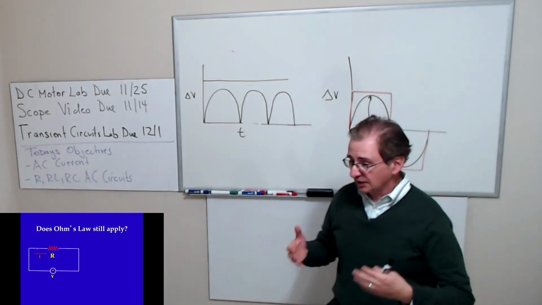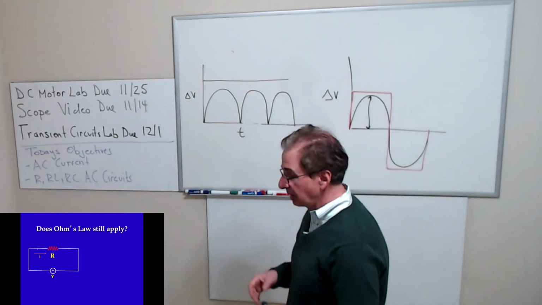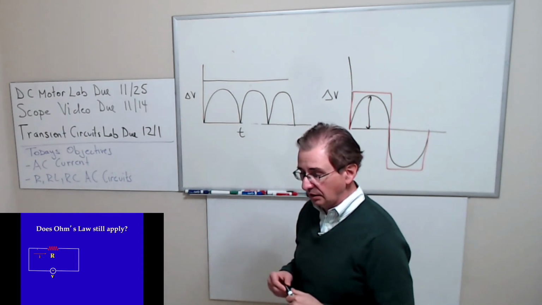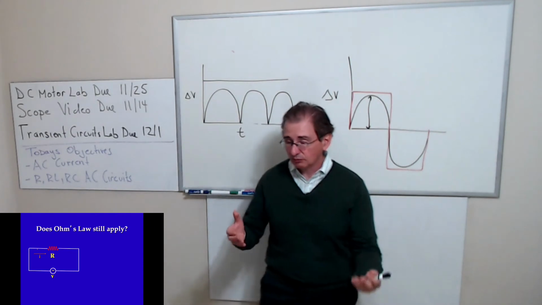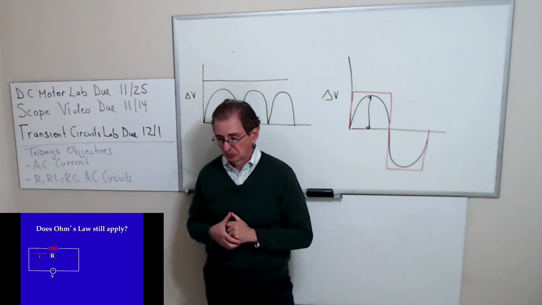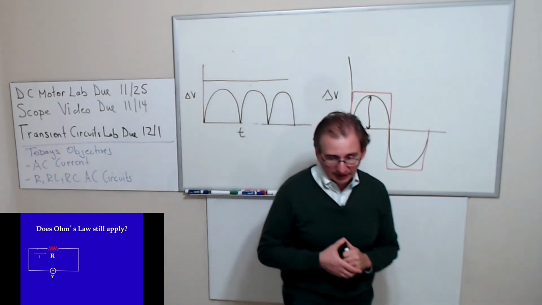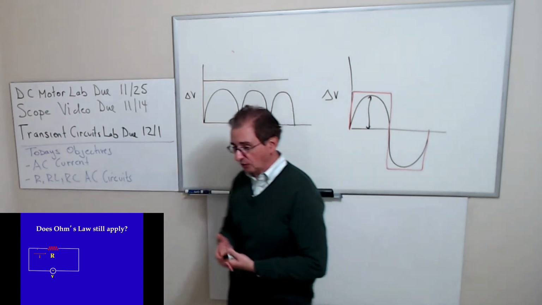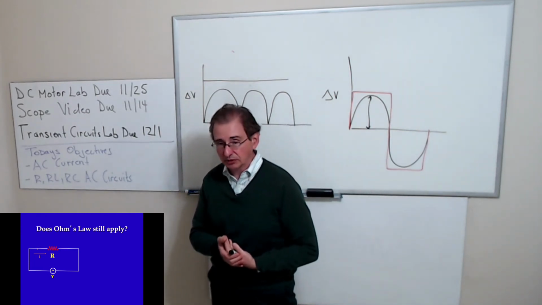So first question is, if I use an AC power supply in a circuit with a resistor, does Ohm's law still apply? And the answer is yes. Now I've got to be specific. I want to talk about specifically what kind of AC power, what kind of alternating current.